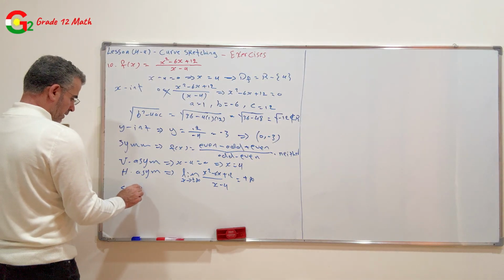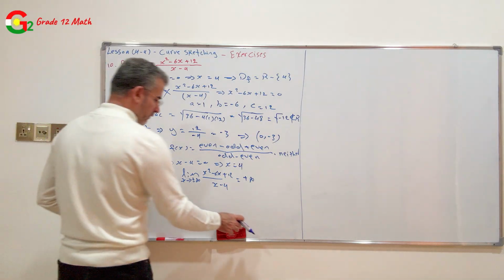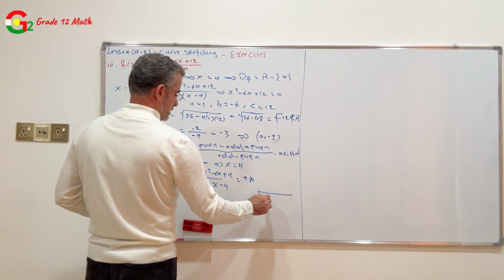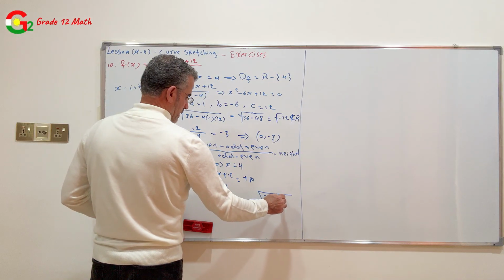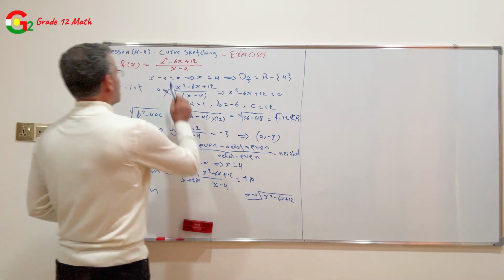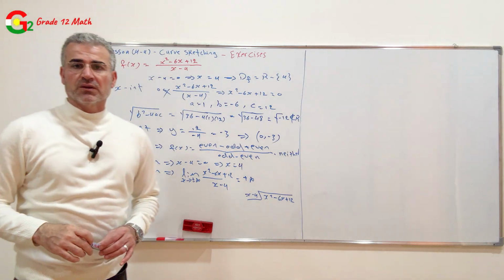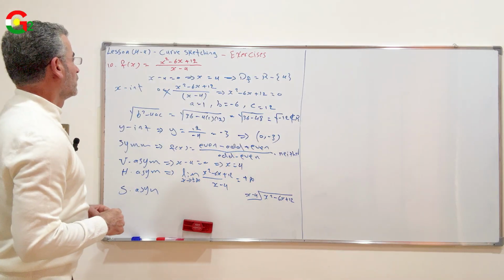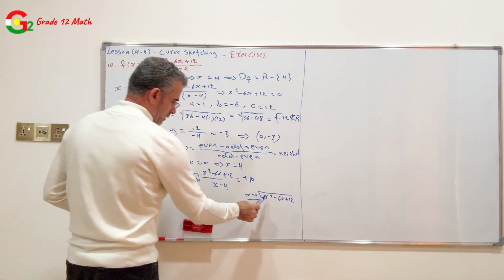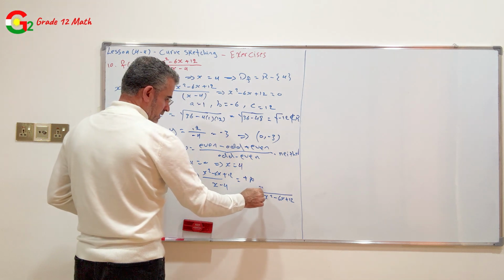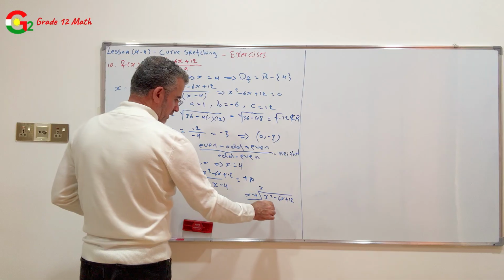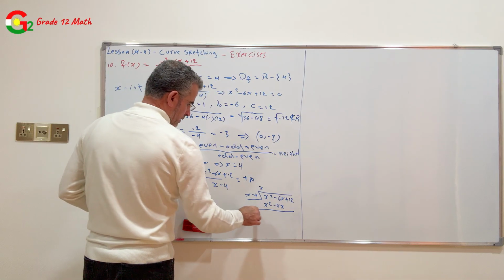For slant asymptote, we find the result of dividing x power 2 minus 6x plus 12 by x minus 4, since the degree of the numerator is 1 more than the degree of the denominator and there is no common factor between numerator and denominator. X power 2 divided by x is x; x times x minus 4 gives x power 2 minus 4x.